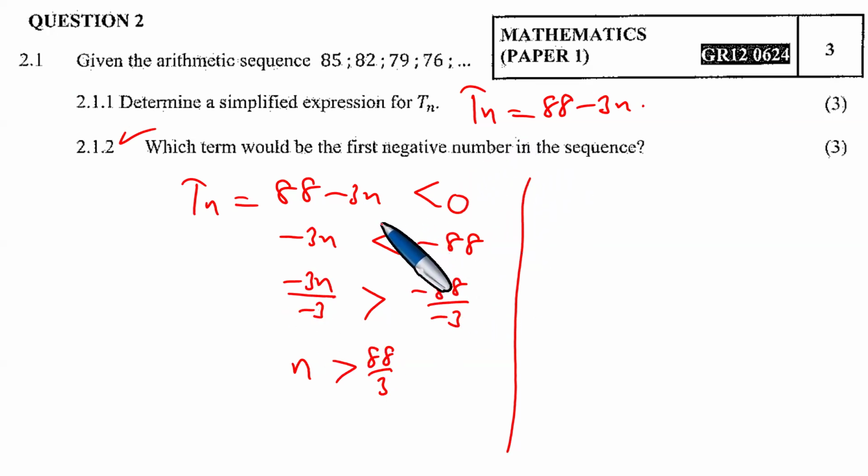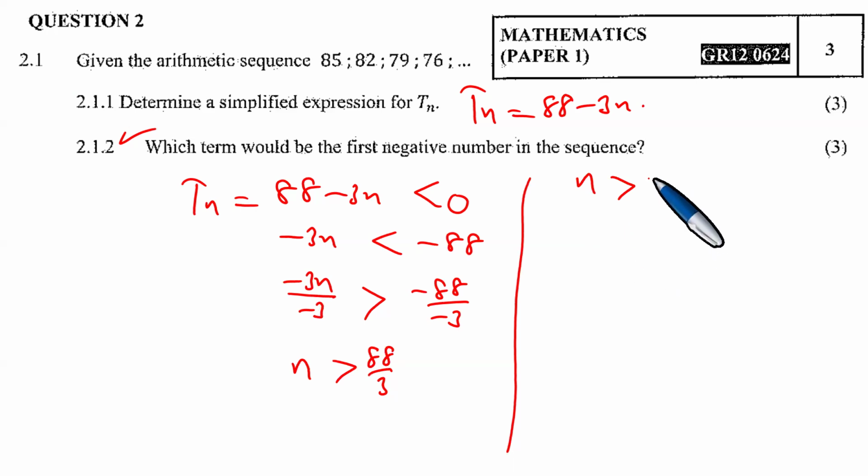A negative number is when the general term itself is less than 0, and therefore n is bigger than 88 over 3. If you divide 88 by 3, what do we get?